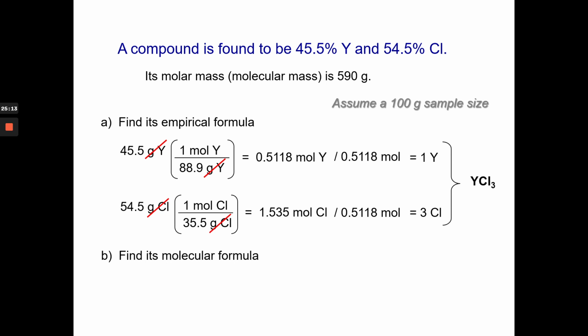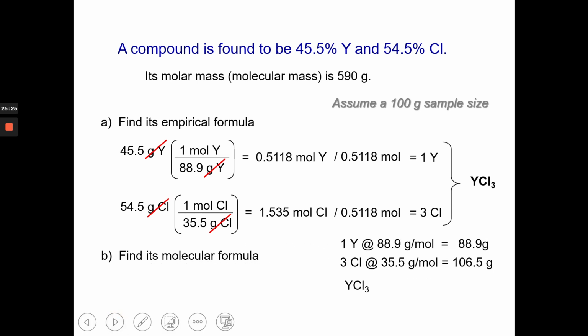Now, we know that that empirical formula somehow has to relate to the molecular formula. And if you remember what we did last time, we had to calculate the molar mass of YCl3 first. So in YCl3, there's one Y that weighs 88.9 grams and 3 Cl that weigh 35.5 each. If you add those up, you get the molar mass of the empirical formula, YCl3, and it is 195.4 grams. Well, that's roughly 200, and we're told that the molecular mass of the molecule is roughly 600.